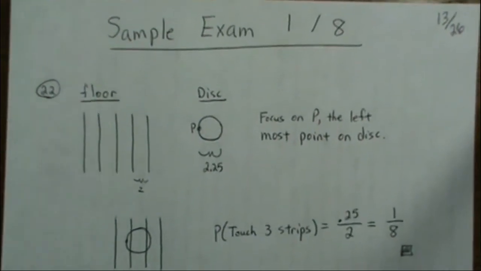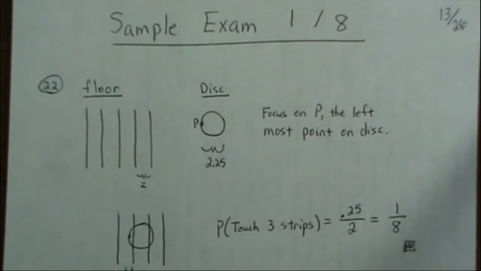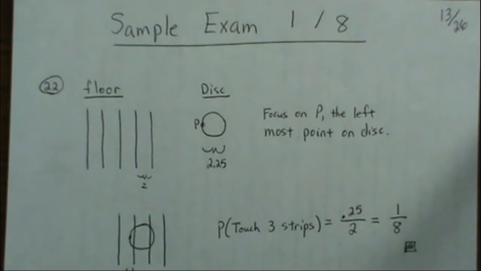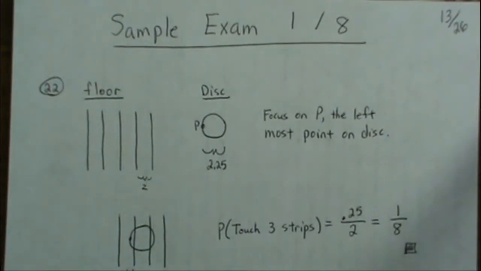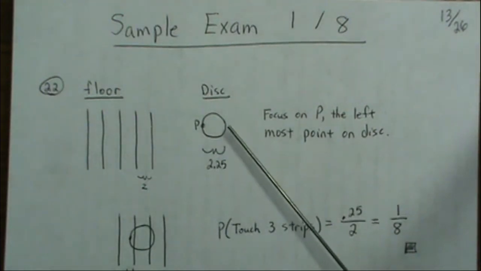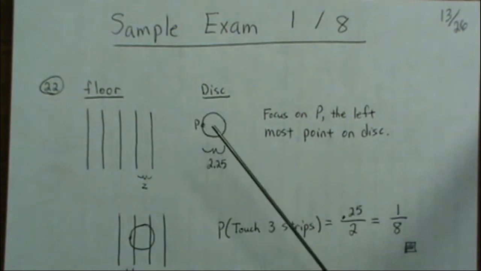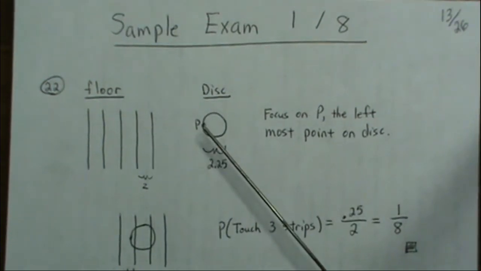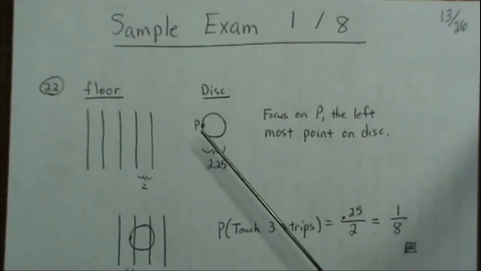So problem 22, we're given a wooden floor with 2-inch strips and a disc with diameter 2.25. Now, if this is our floor with 2-inch slats, and this is our disc with 2.25, let's focus on that leftmost point.